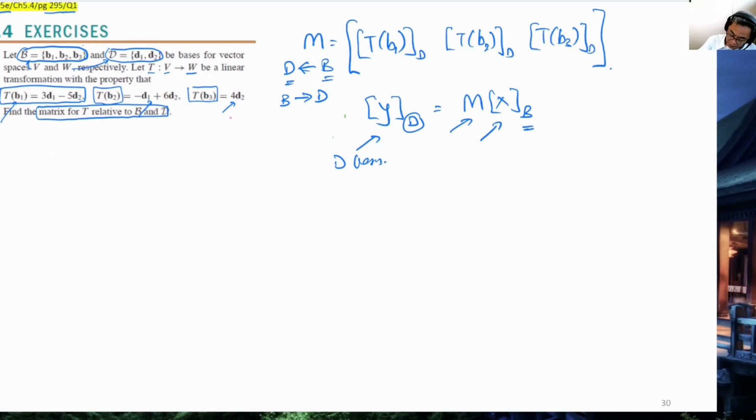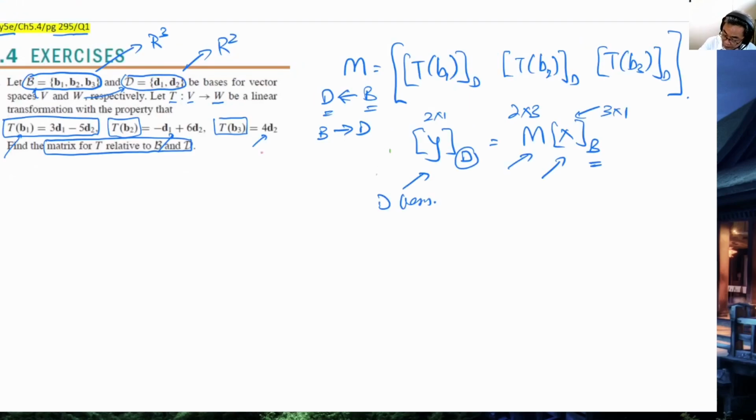Now, the input is three-dimensional, R3. The output is two-dimensional, R2. So M must be a 2 by 3 because X is a 3 by 1 and Y is a 2 by 1. So let's work this out together.